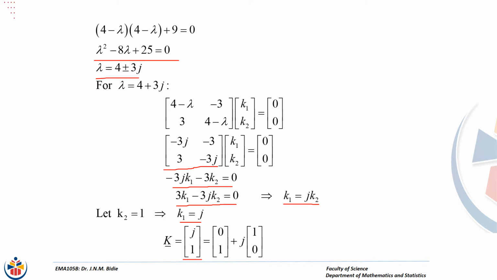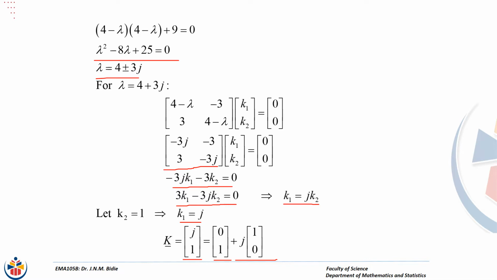And then we split it up into real part and imaginary part. Note that j is 0 plus 1j, and 1 is 1 plus 0j. So that's how I split the two. The real part is (0, 1) and the imaginary part is (1, 0).